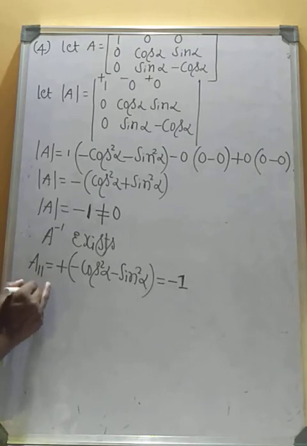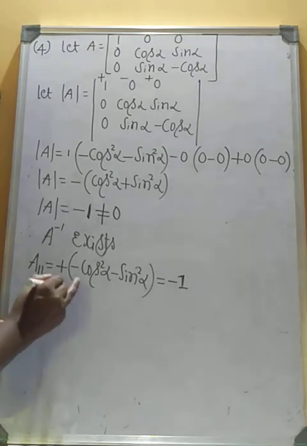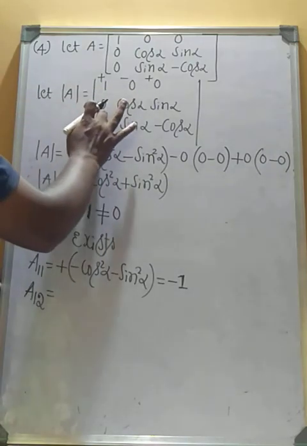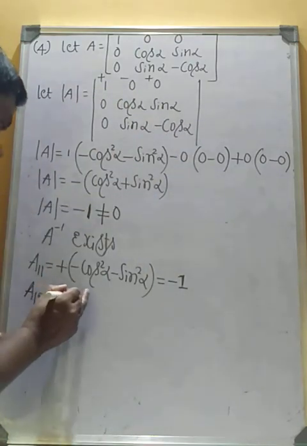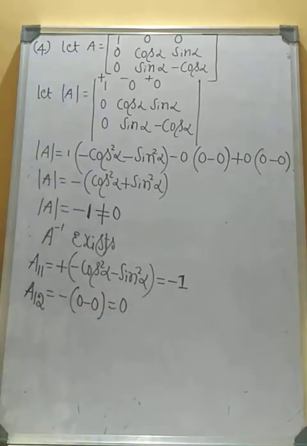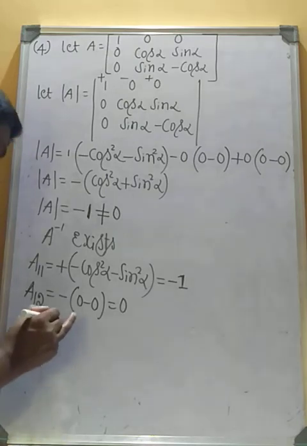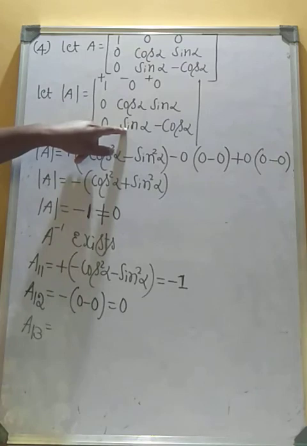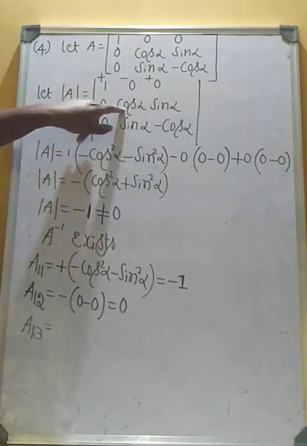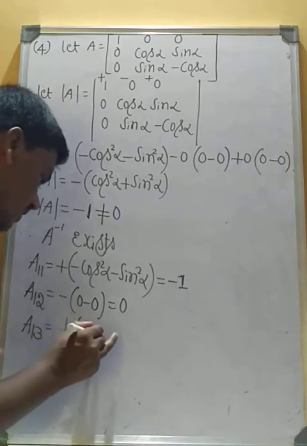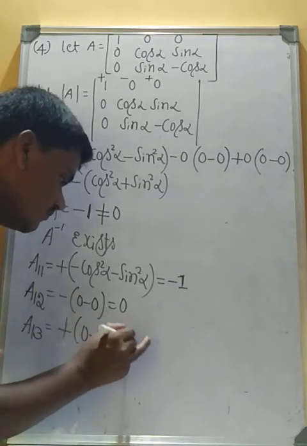The next cofactor of the element 0, that is 0 into cos alpha minus 0 into sin alpha, 0 minus 0 is equal to 0. The next, find the cofactor of the third element 0: 0 into sin alpha 0 minus 0 into cos alpha 0. Take sign plus, 0 minus 0 equal to 0.